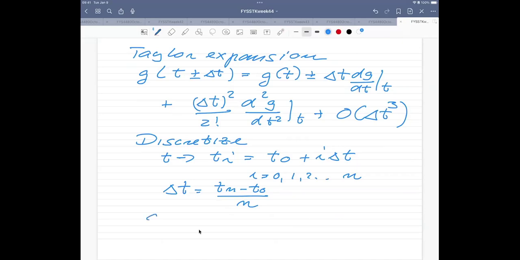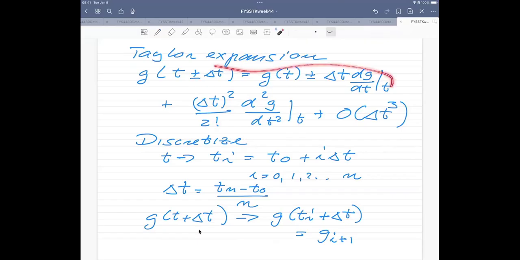So let me also remind you of some simple notation here, which you probably have seen many times. This is going over to g of t of i plus delta t, and we often write this as g of i plus one step. So I can actually rewrite this expansion in terms of these discretized values.